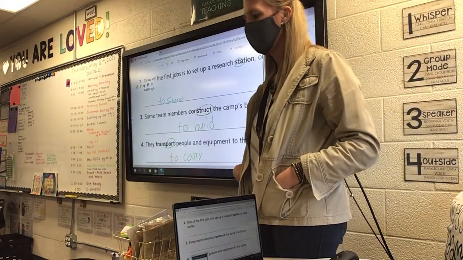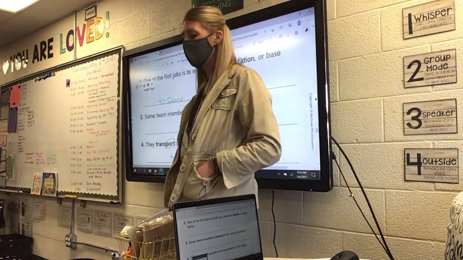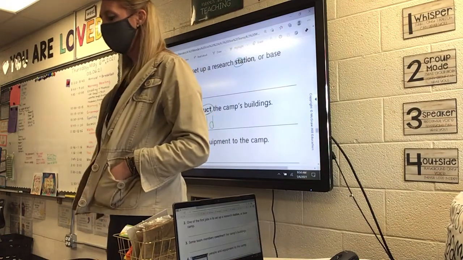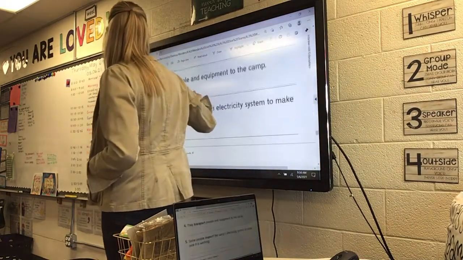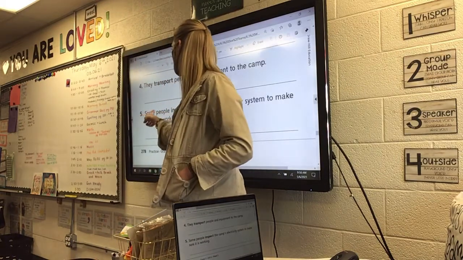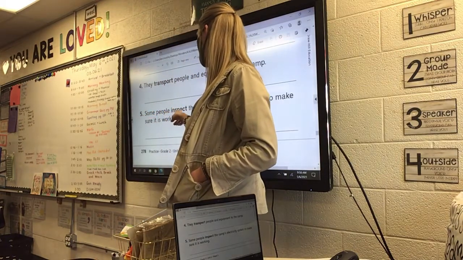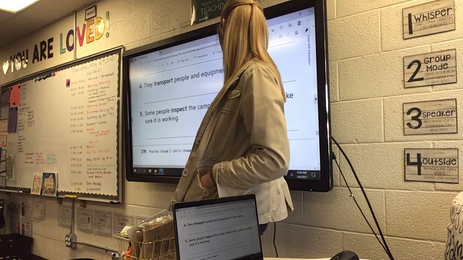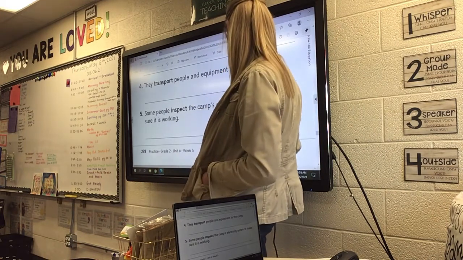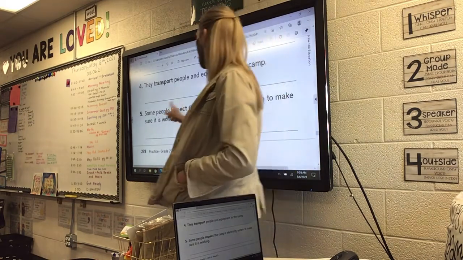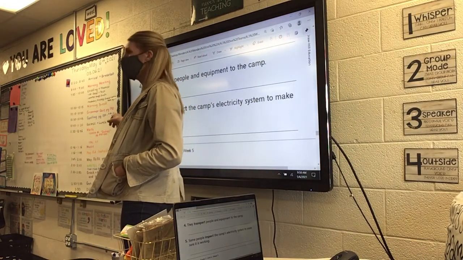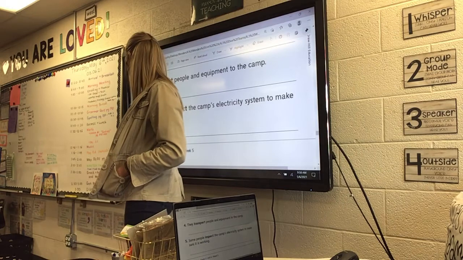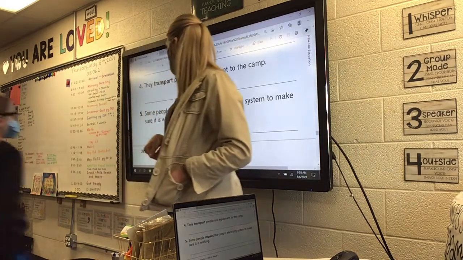Okay. All right. When you're ready for number 5, put your finger on the word some. Got it, Lily? Okay. Number 5 says, ready? Here we go. Some people inspect the camp's electricity system to make sure it works. Good job. Who can find it here? Mason, you think you can find it? Just one second.